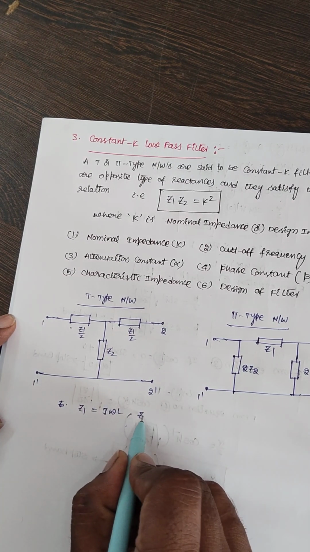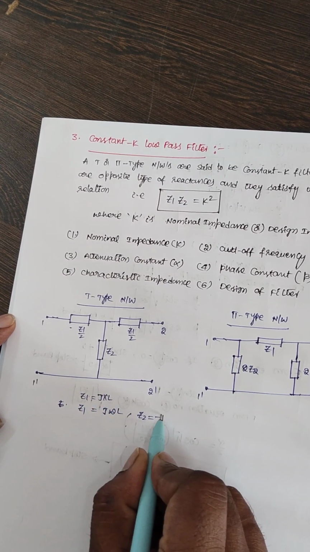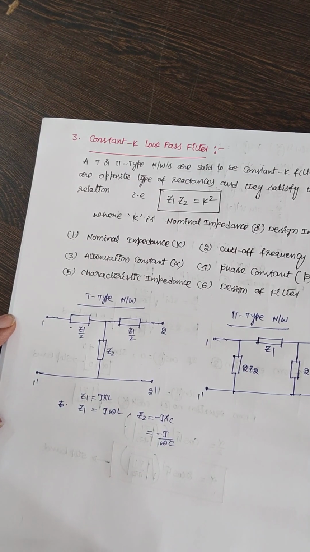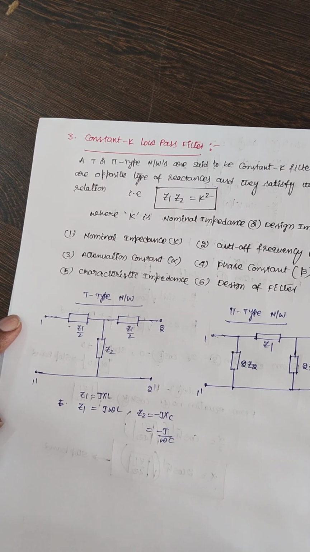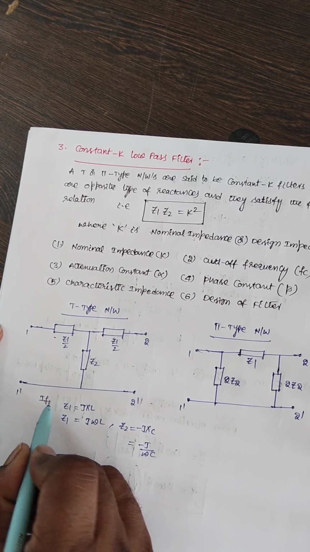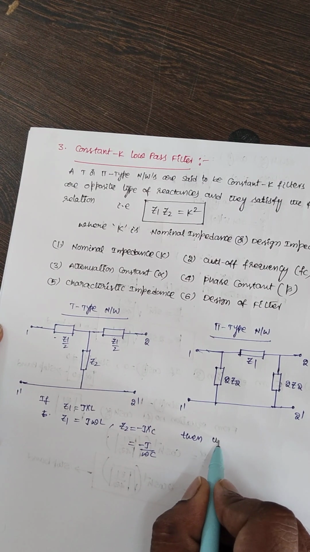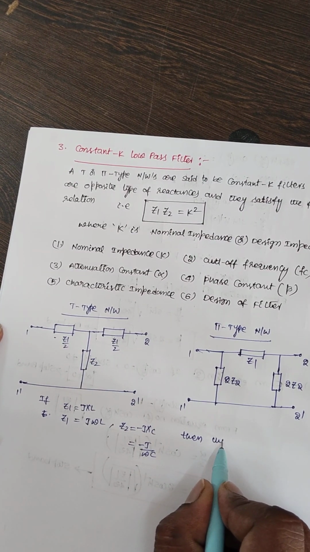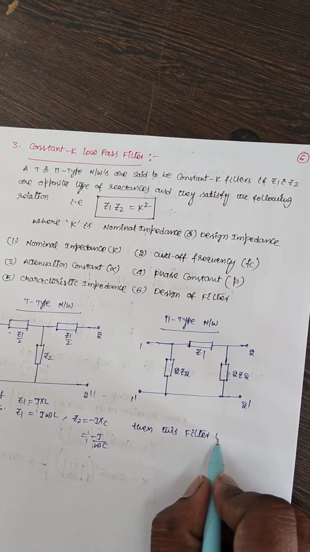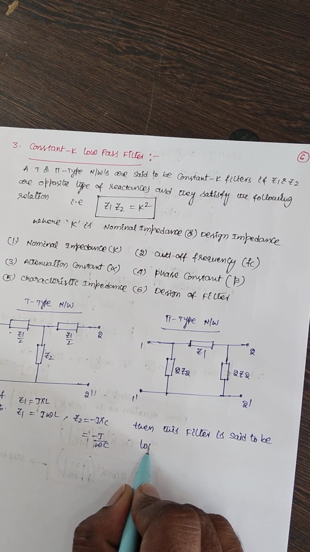Z1 is equal to JXL and Z2 is equal to minus JXC, that is equal to minus J divided by omega C. Okay. Now here, if Z1 is inductance and Z2 is capacitance, then this filter is said to be low pass filter.